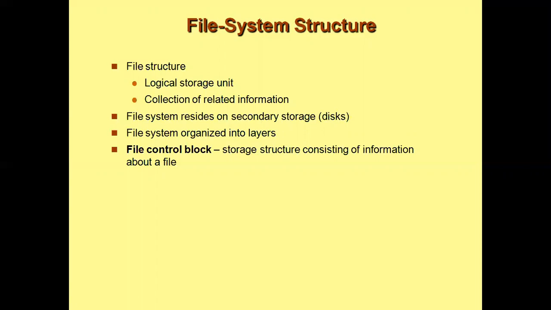This is similar to the process control block. Like in the PCB, you had information about the process, here in the file control block you will have information about the file, such as its attributes, its size, its owner, and information about its access control list. All that will be stored in the file control block.